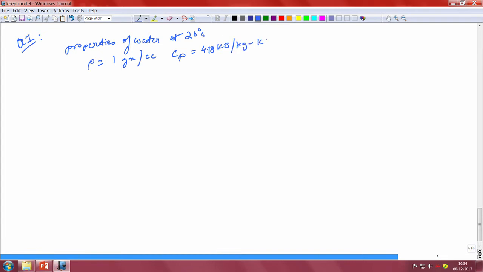You have to take care of the units, whatever unit you use, you have to use them properly. This is the kinematic viscosity, K is 0.59 watt per meter Kelvin, and Prandtl number is about 7.07, that is the Prandtl number for water.